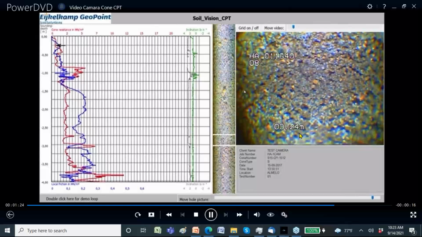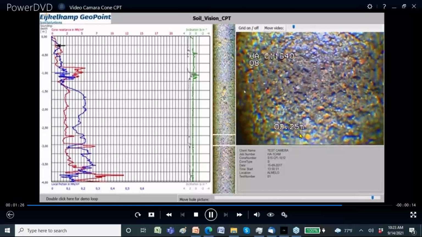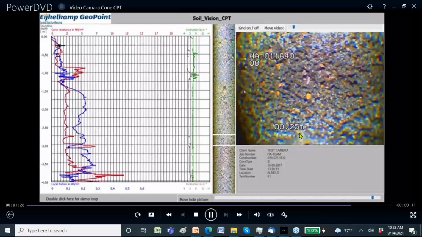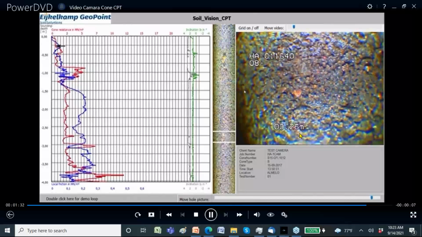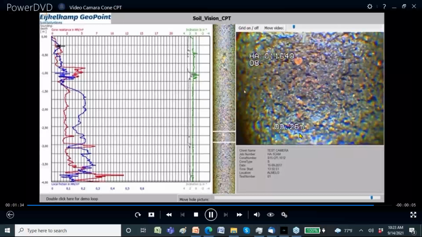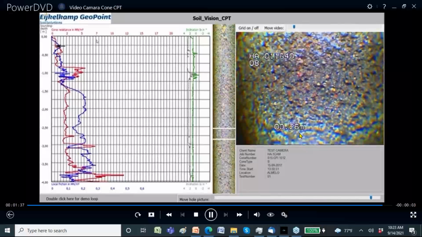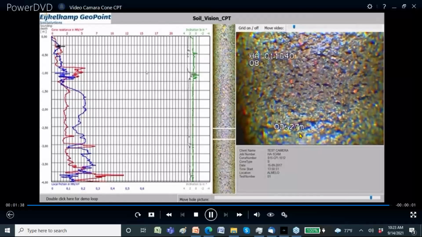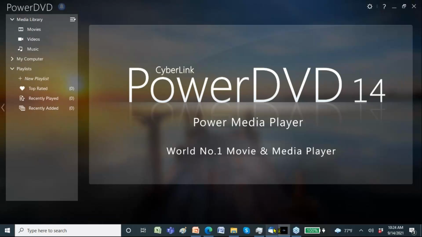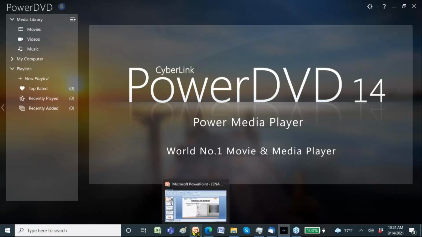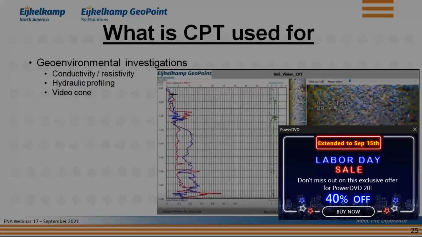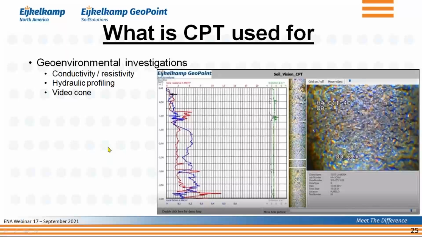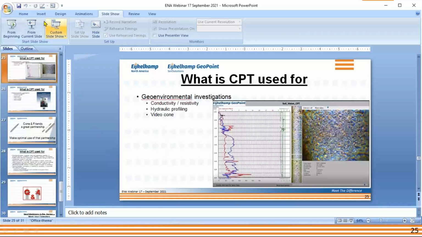You may see tar particles sitting in here. And obviously, when you don't use visible light, but ultraviolet light, you might use the fluorescence to determine whether you get certain contaminations there as well. That's another example of what you can do with your video cone.